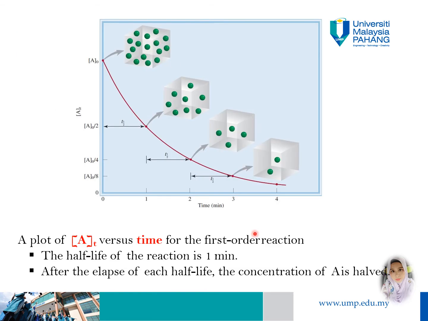Okay, you can see this figure at time 0, which is the initial concentration, and then at 1 minute, which is the t half, there is a 50% reduction in the concentration of A, while after 2 minutes there is another 50% reduction in the concentration of A.